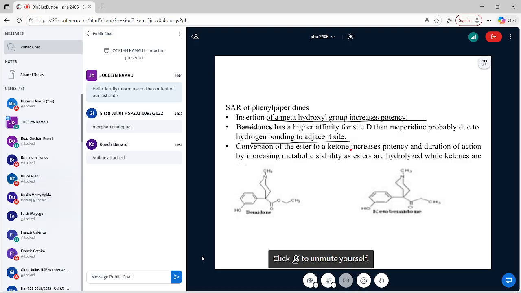Conversion of the ester to a ketone increases potency and duration of action by increasing metabolic stability, as esters are hydrolyzed whereas ketones are not. So again, I'm just qualifying all the points I've told you. If you have a bemidone, it is an ester that is readily hydrolyzed. If you have a ketobemidone, that group is the same, but by virtue of the fact that this is a ketone, it is not readily hydrolyzed.